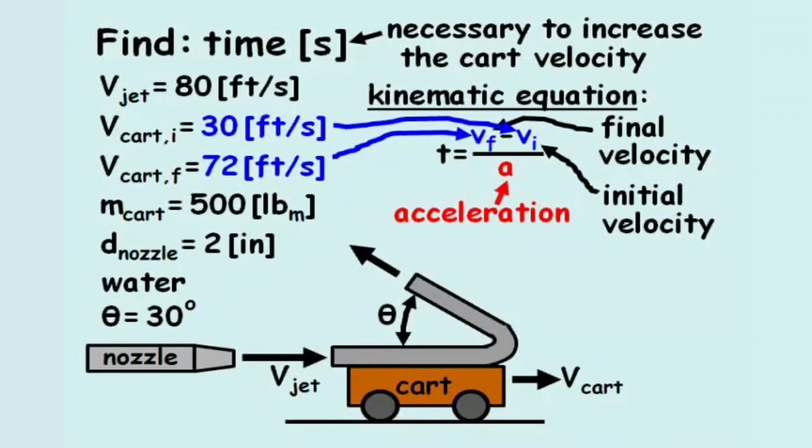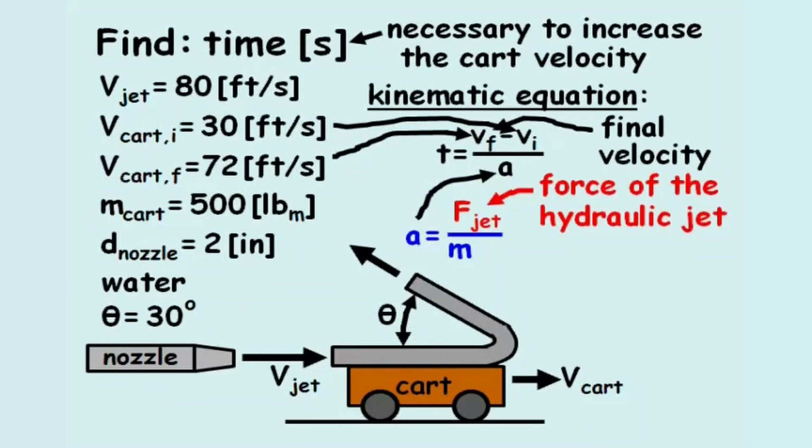From Newton's second law of motion, the acceleration equals the force exerted on an object divided by its mass. For this particular problem, we're dealing with the force of the hydraulic jet acting on the cart divided by the mass of the cart.